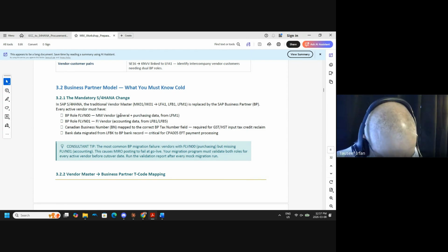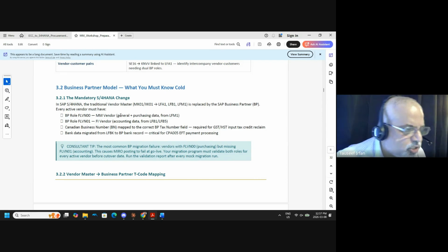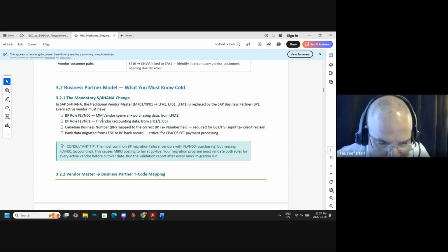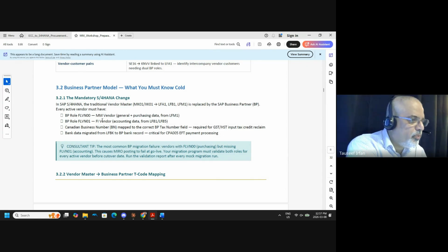Not purchasing level, purchasing organizational level. Very good. So this is how it is structured in business partner. Inside the company code level, you have both purchasing and finance data, separated there. The vendor finance data is also there, with a separate role created.